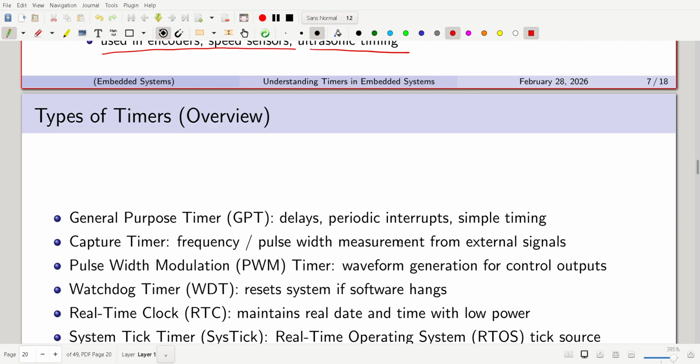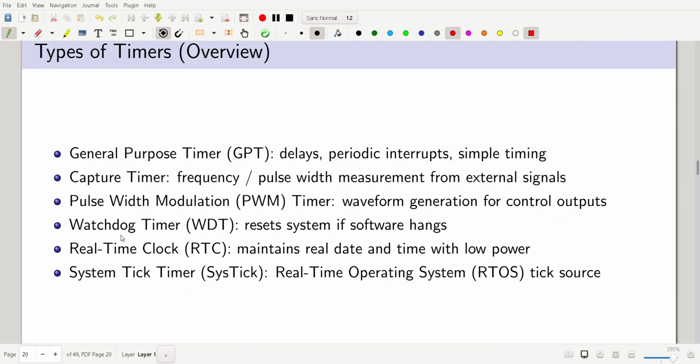Types of timers overview. Here I'm just stating the various timers being used. The general purpose timer, GPT in short, is used for delays, periodic interrupts, and simple timing.